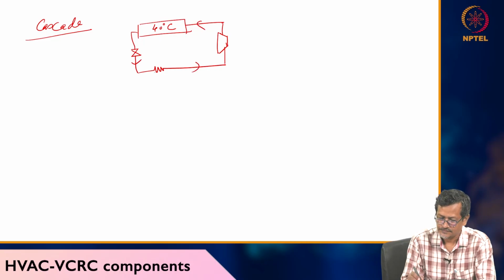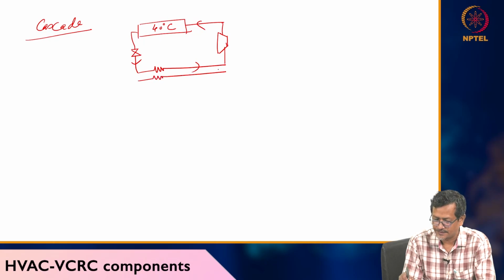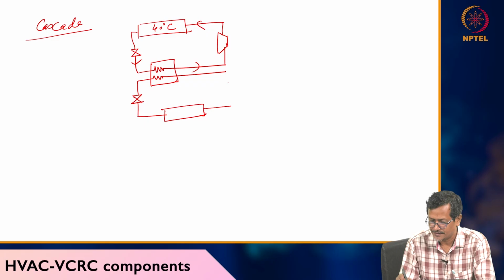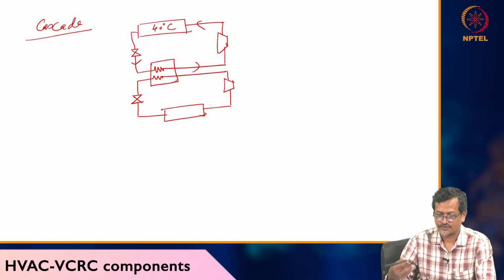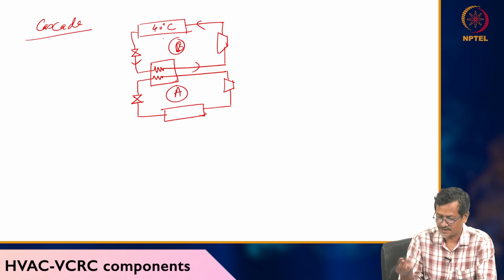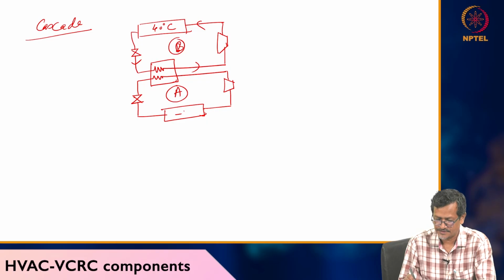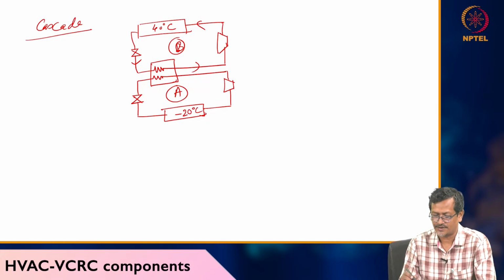Then I have another heat exchanger, throttling happens, then evaporation, then I have one compressor here. So I can have multiple stages, and this is called a cascading system. Let's say this is cycle A and this is cycle B, at minus 20 degrees, just an example temperature. It may not be fixed at 40 and minus 20, it may go to minus 180 degrees also.